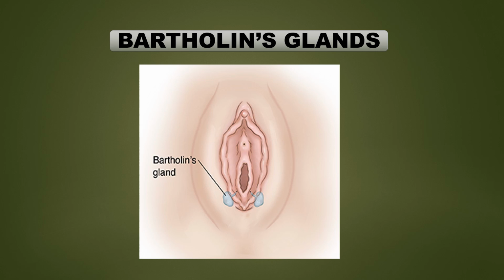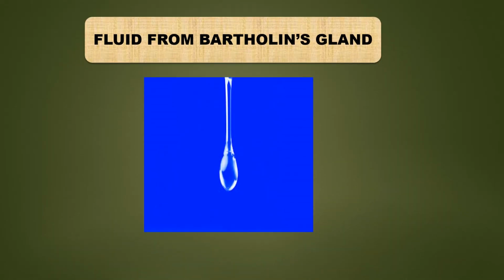They are 2 pea-sized glands located slightly lateral and posterior to the vaginal opening. These function to secrete a mucus-like substance, just like the bulbourethral glands, and this substance enters into the vagina and within the borders of the labia minora, and the mucus functions as a lubricant.